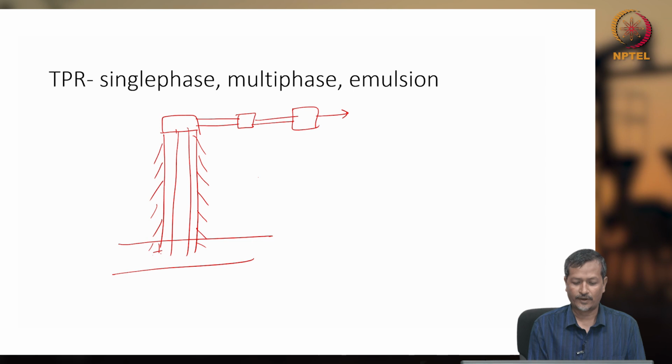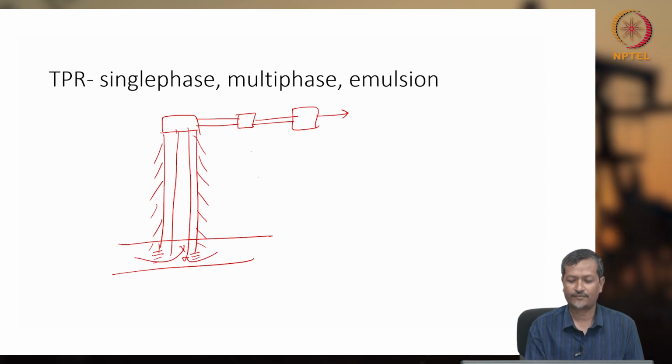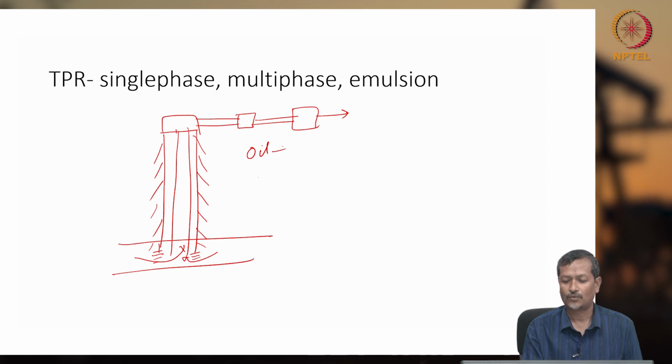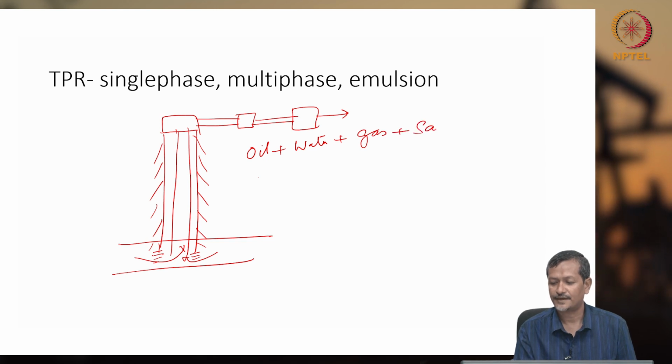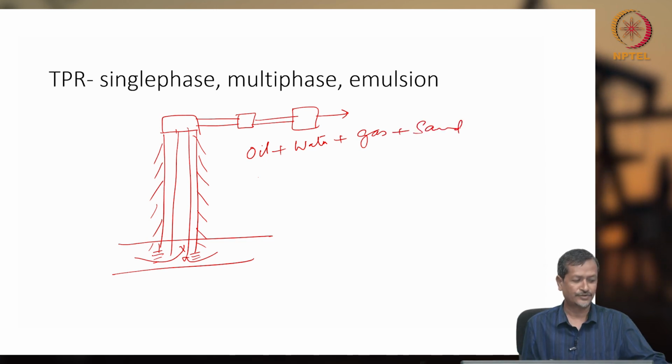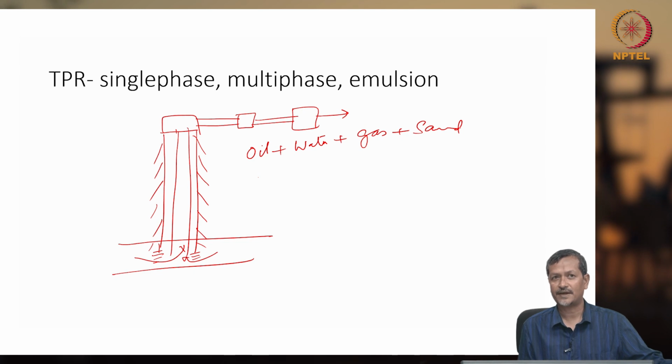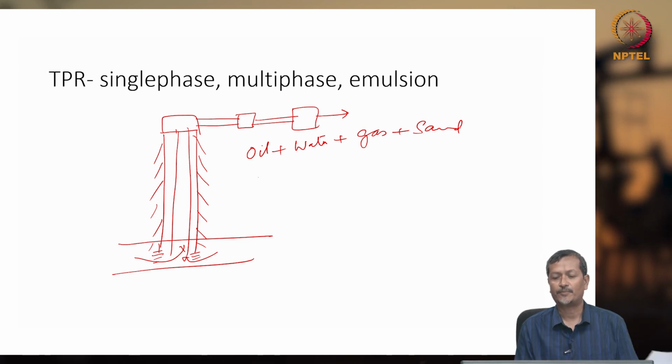And when oil and gas is entering into the wellbore, it will have oil plus water plus gas plus sand. So definitely it is not a single phase flow, it is having multiple phases and multiple components also.